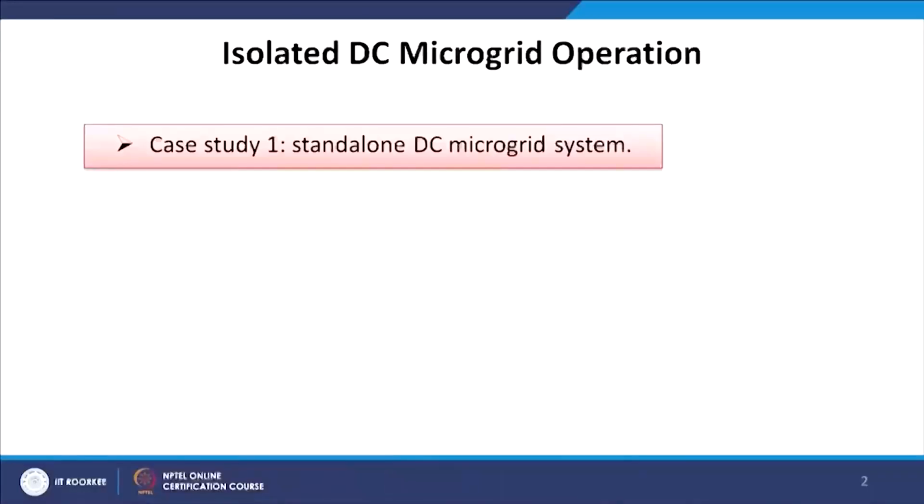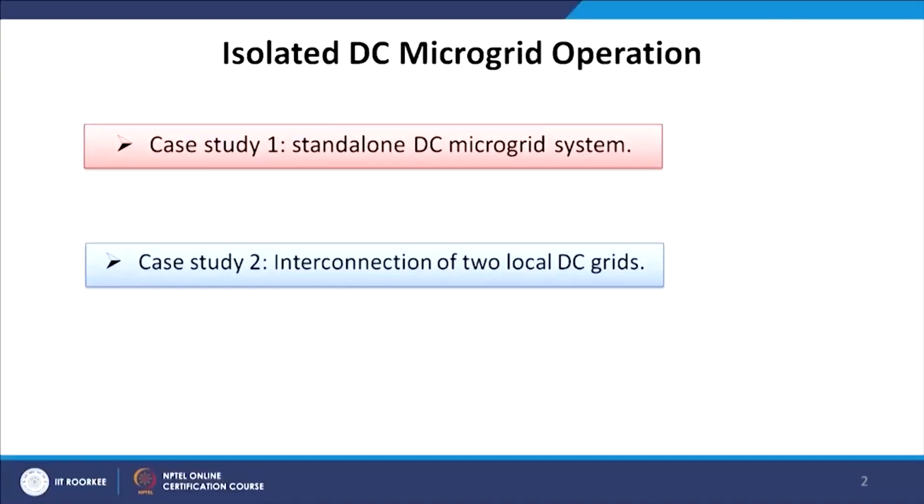One is case 1, the standalone DC microgrid system, which is very common, feasible, adaptable and realizable. Now, moving to case study 2, where interconnection of two local DC grids means in a remote area there are two remote villages, they both have DC microgrid in place, but they like to operate together because they do not have any grid support at all.